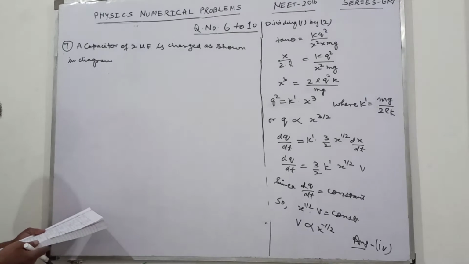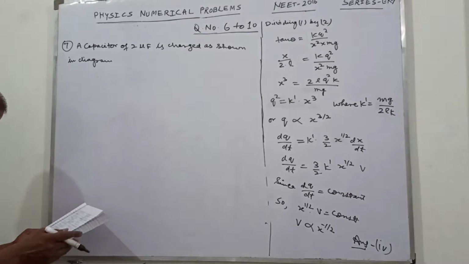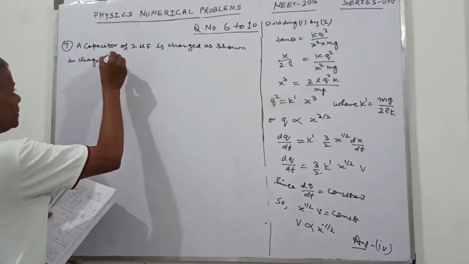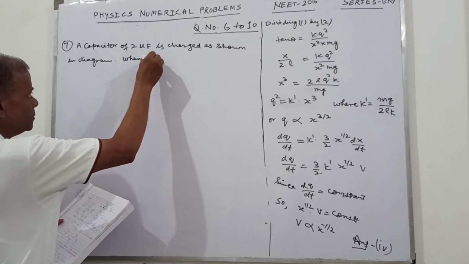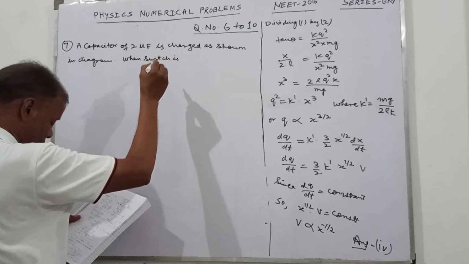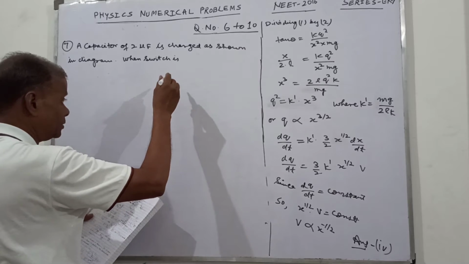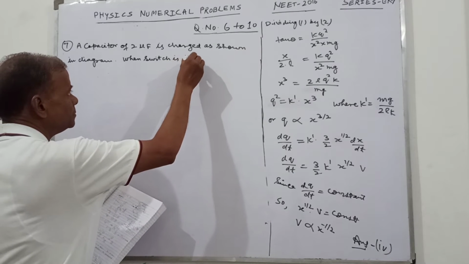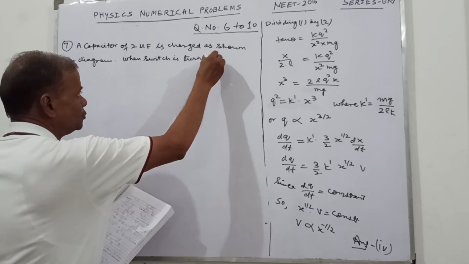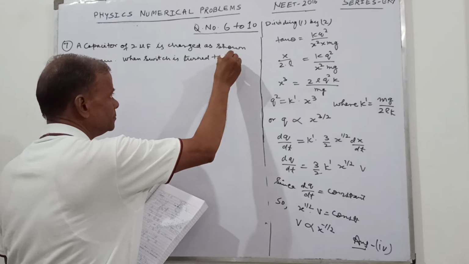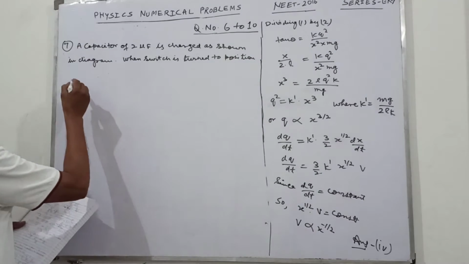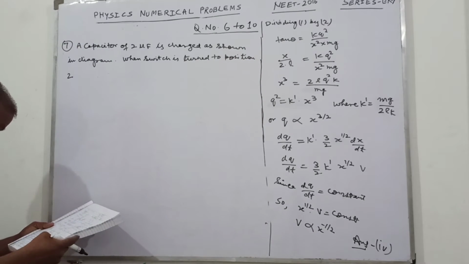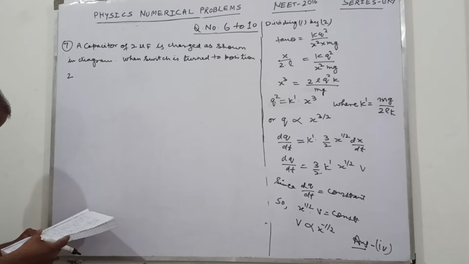When the switch is turned to position 2, the percentage of its stored energy dissipated is.